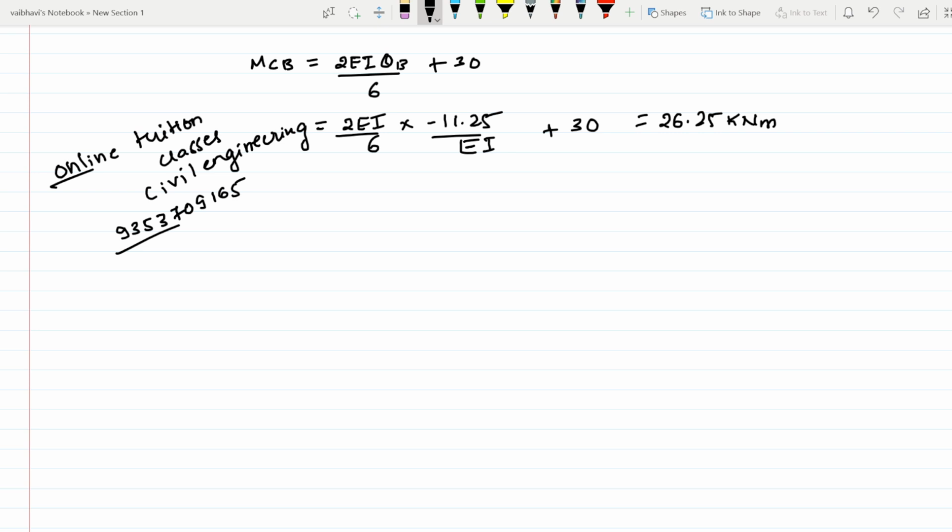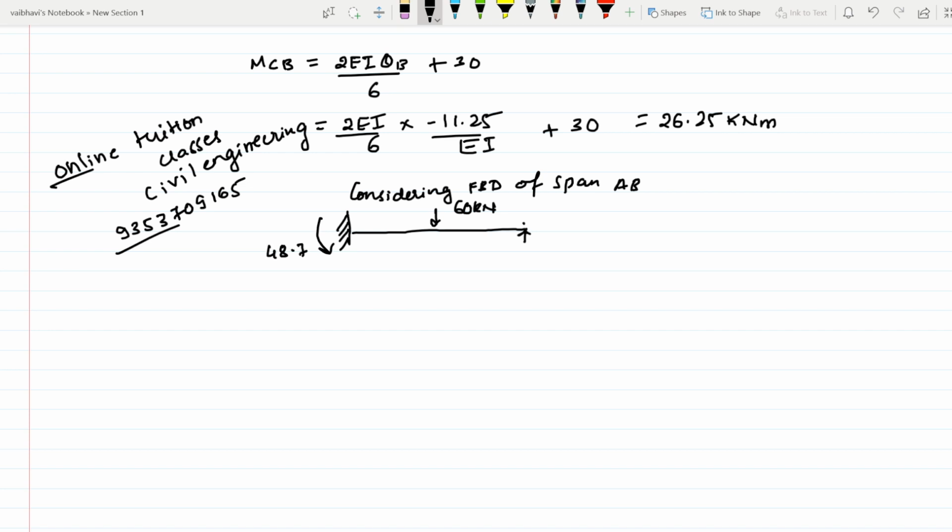So next is drawing the shear force diagram and bending moment diagram. Considering the free body diagram of span AB. 60 kilonewton, 48.75, 3 meters, 3 meters.